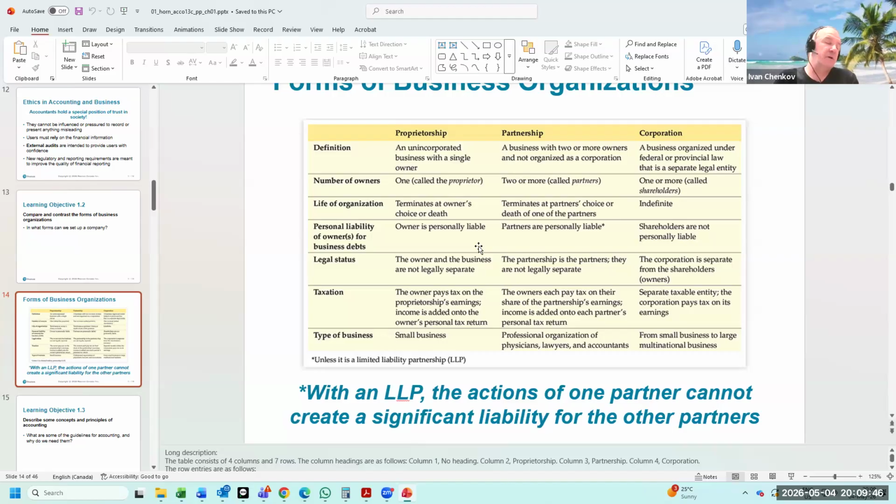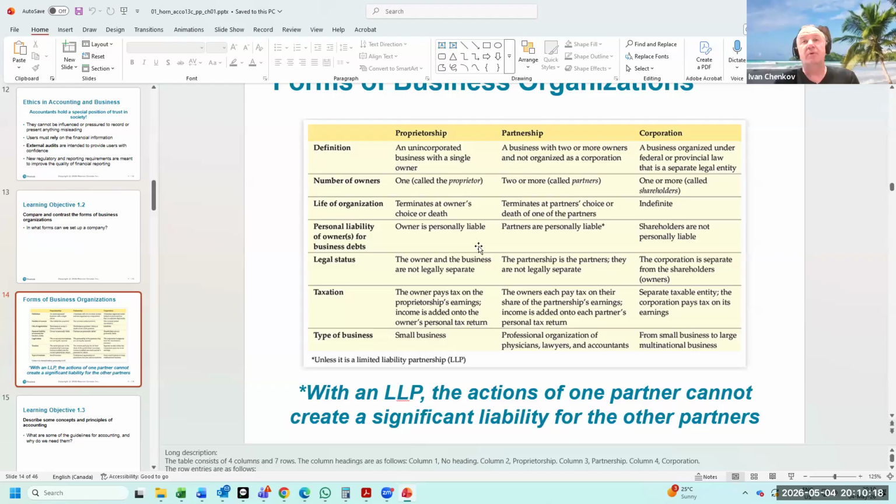Now, for the number of owners, obviously in the sole proprietorship, that's why it's called sole proprietorship, we have only one owner. For the partnership, you need two or more. So if you want to open your business, can you open a partnership? No, you can't. You have to have another person who will be your partner, and then you can open a partnership.